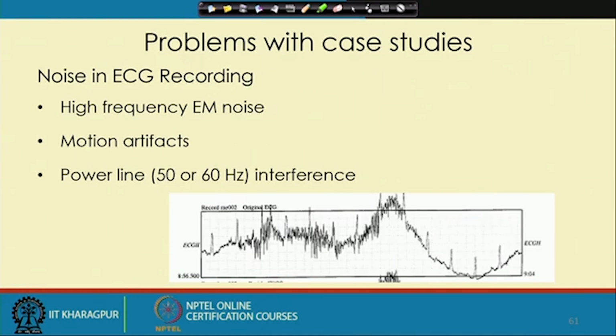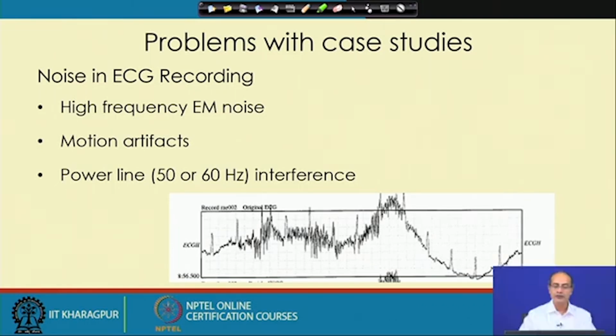If you have a pump and that operates, sometimes it creates noise. If you have say a DC motor where the commutator is used, the breaking of current makes a lot of high frequency electromagnetic noise. So, all these are sources of this noise, and we are embedded in that noise.